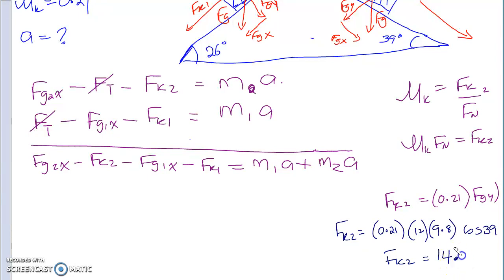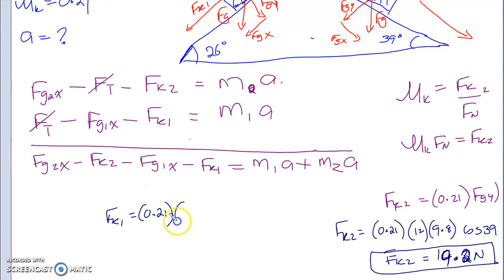14.3 newtons. Now we're going to do the exact same thing for FK1. Okay, so write it down again. FK1 is the same thing, 0.21 times a mass of 8 times 9.8 times the cos of 26.